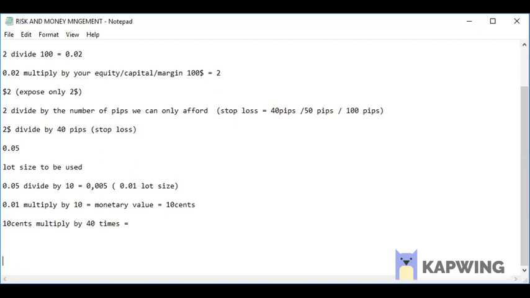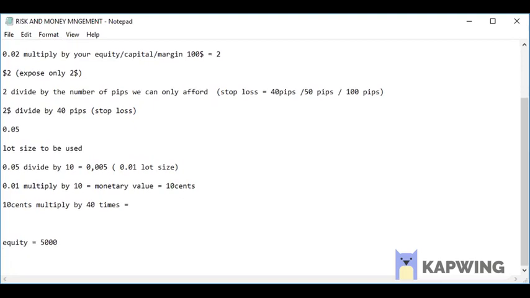Let's look at example 2. Let's have a bigger amount. Let's say $5,000. All right, let's look at $5,000. 2 divided by 100, we get 0.02, right?